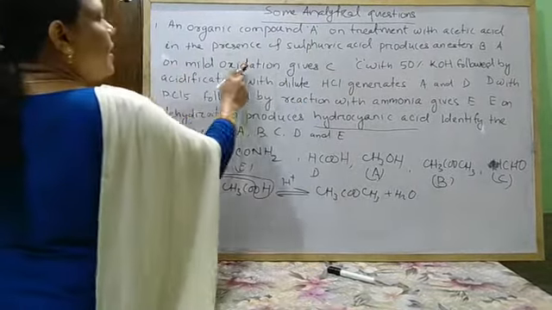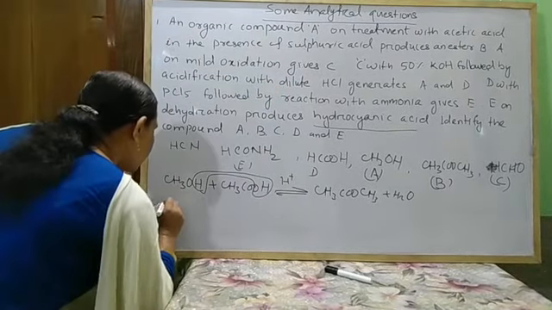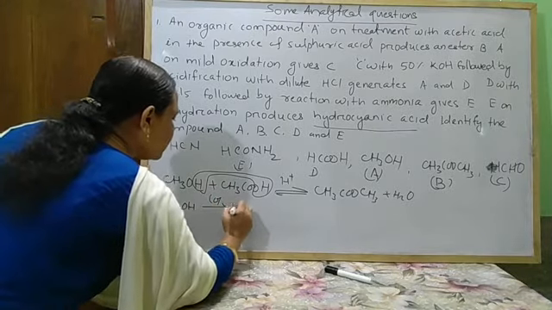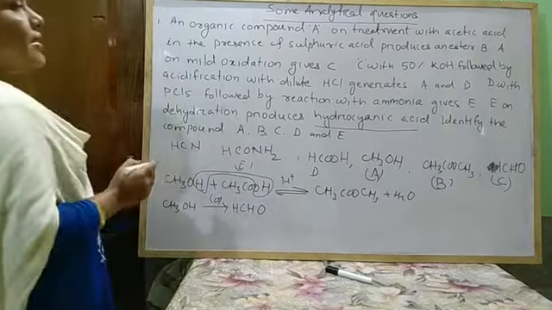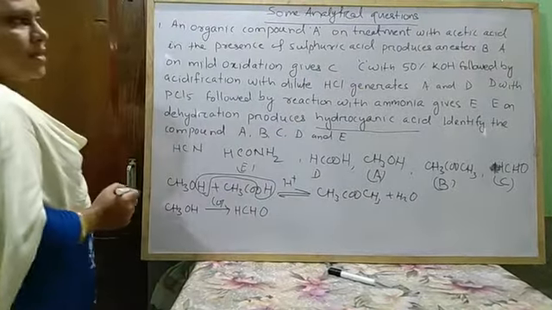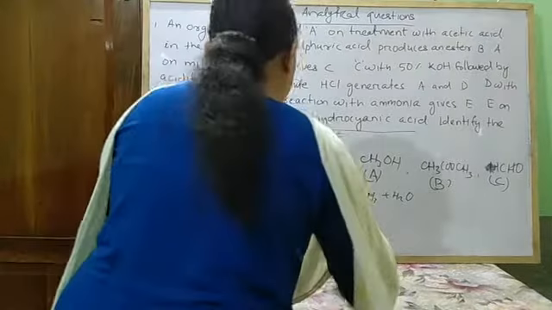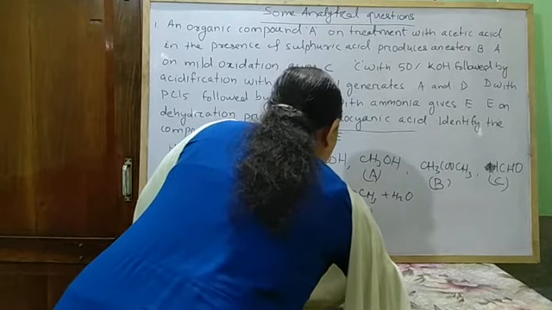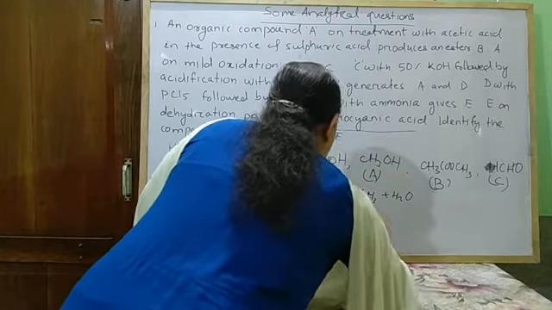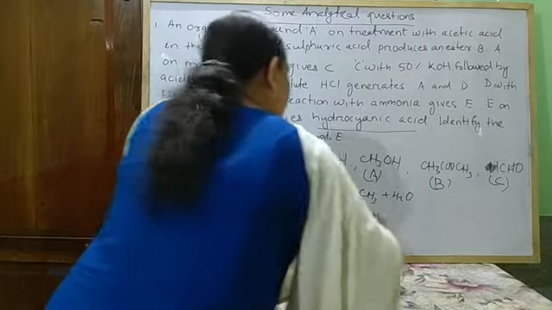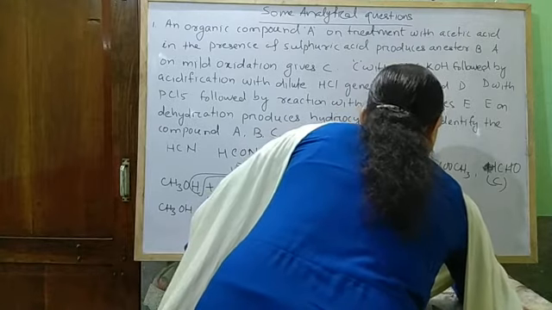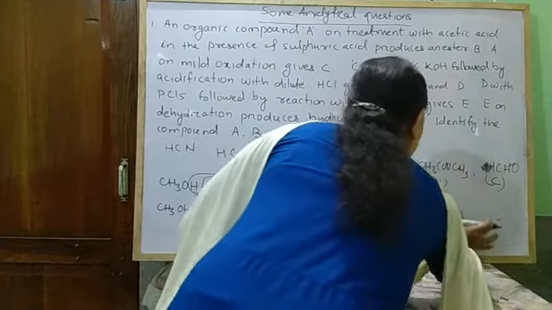Then A on mild oxidation gives C, formaldehyde. C with 50% potassium hydroxide: formaldehyde treated with 50% potassium hydroxide gives alcohol plus HCOOK, potassium formate.